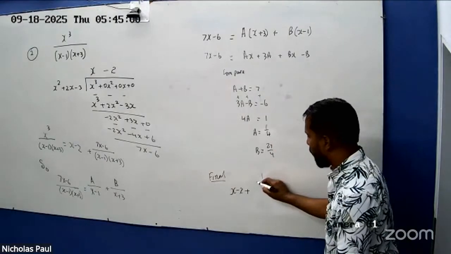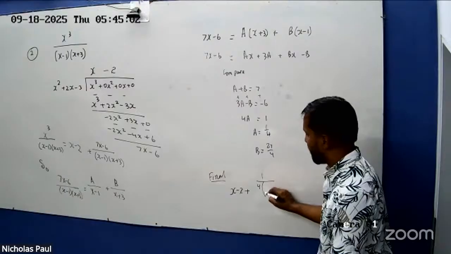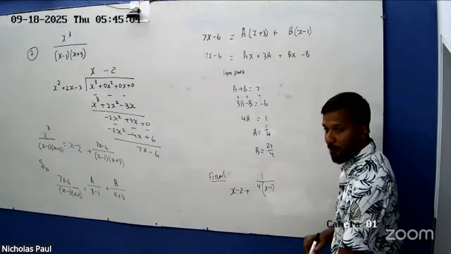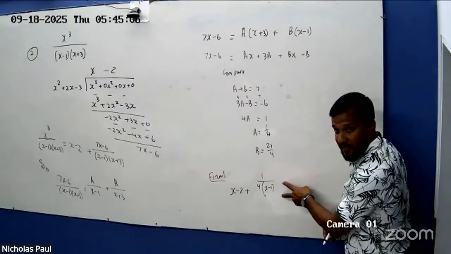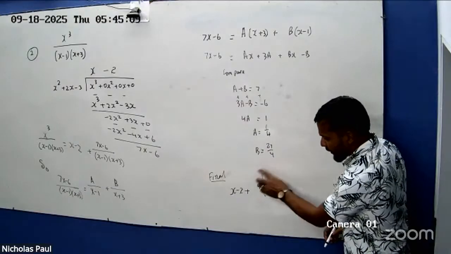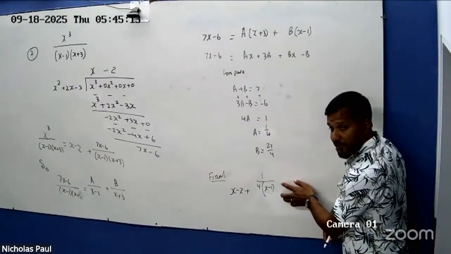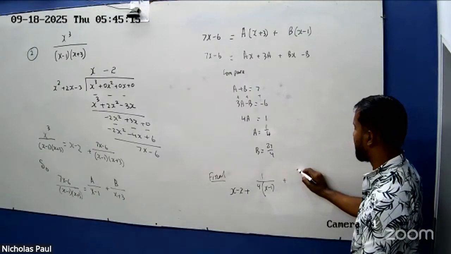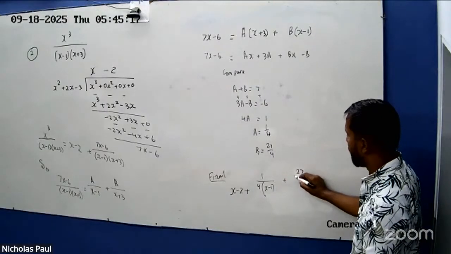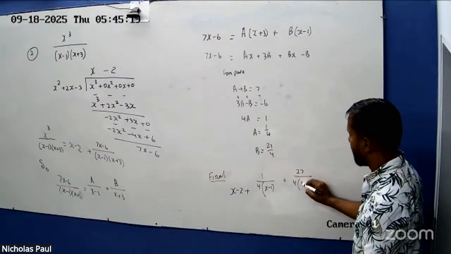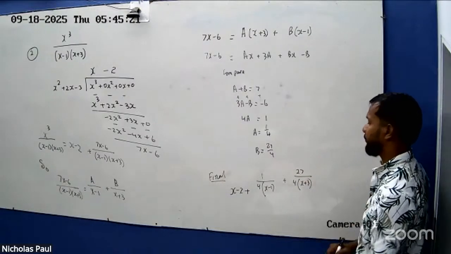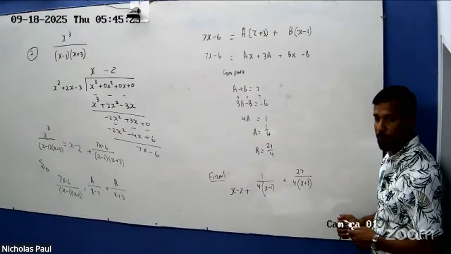You could write the 1 on top and bring the 4 underneath. Same thing, right? So your final answer looks like this, plus 27 over 4 by x plus 3. That's okay?